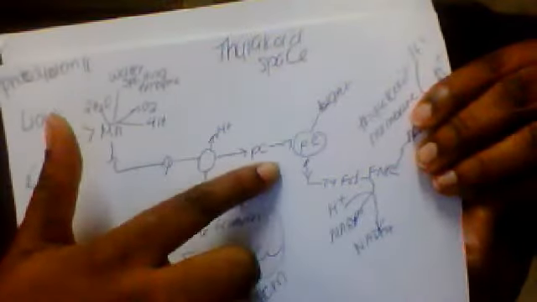This makes the proton gradient. So H plus comes in and it comes out. This keeps the system active and keeps it going. So the electrons then continue on to the plastocyanin, and from there we're now into photosystem 1.